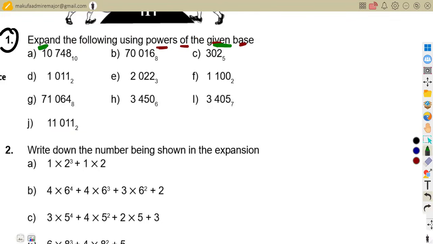Okay, I want to consider this example here. Let's say I'm given 101 in base of 2. The base that we are given here is the base of 2. So to expand in the base of 2, meaning to say, each and every part that you're going to have on these numbers is going to be affected by the base of 2.